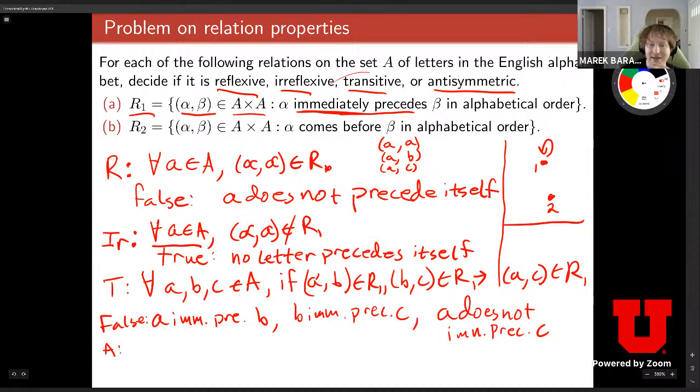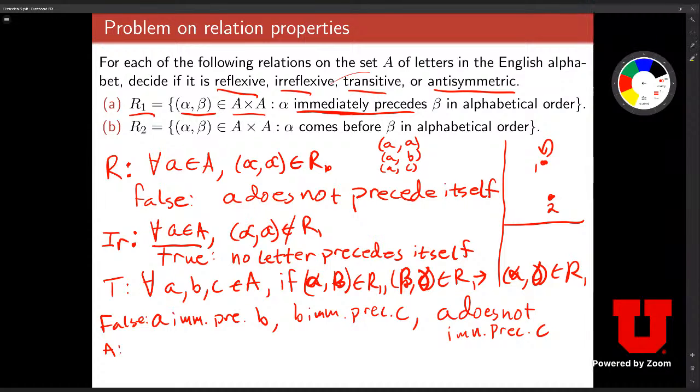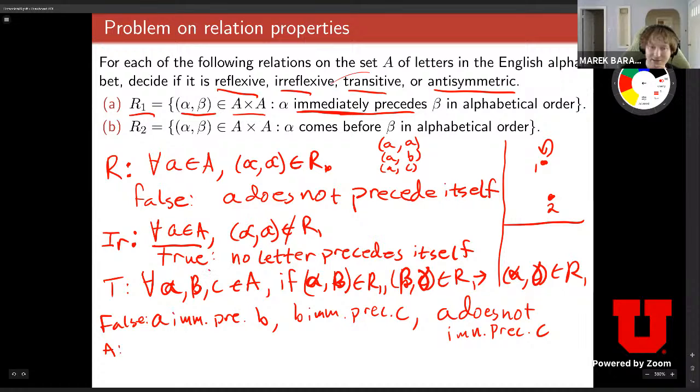So alpha, beta, gamma, alpha, gamma. Does that help? Yes. So alpha, beta, and gamma.